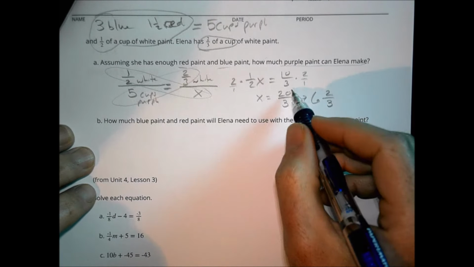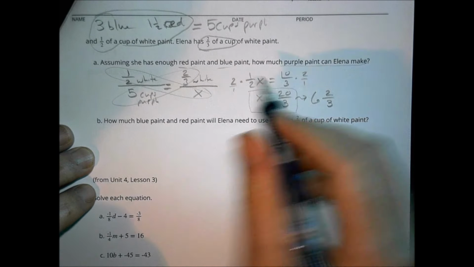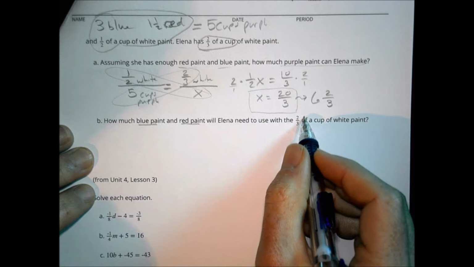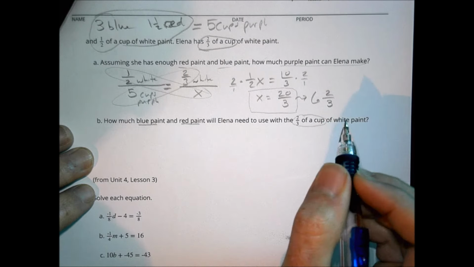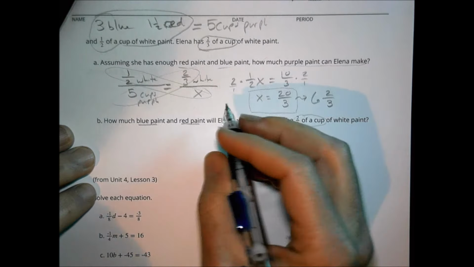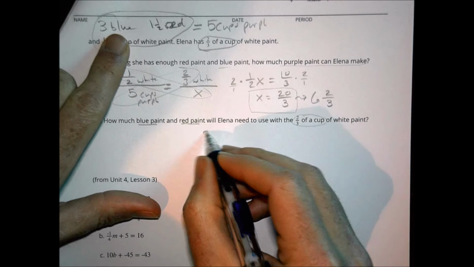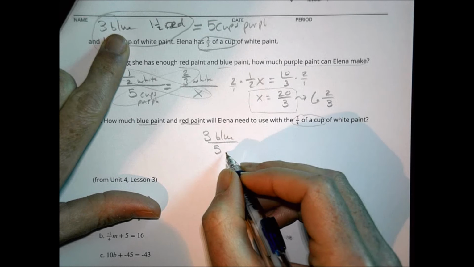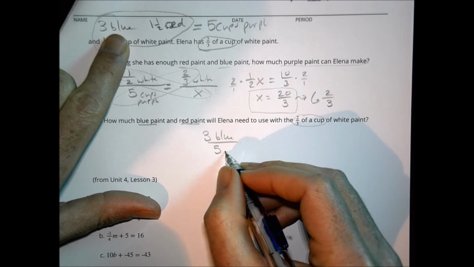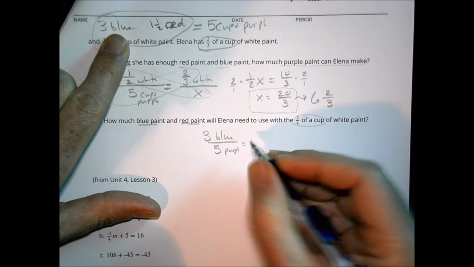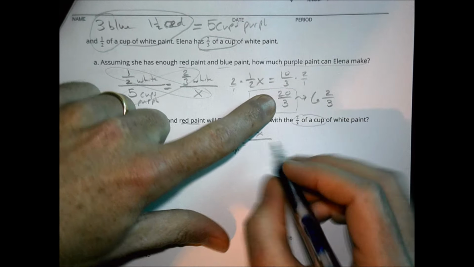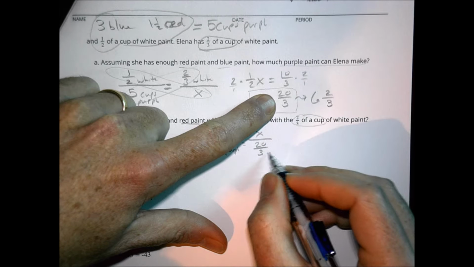Now we're going to use this same number though to then figure out how much blue paint and red paint she'll need to mix with the 2/3 cup of white. So knowing that the ratio blue, so 3 blue works for 5 cups of purple, and we don't know how much blue she has, but we know she's going to make 20/3 cups of purple.